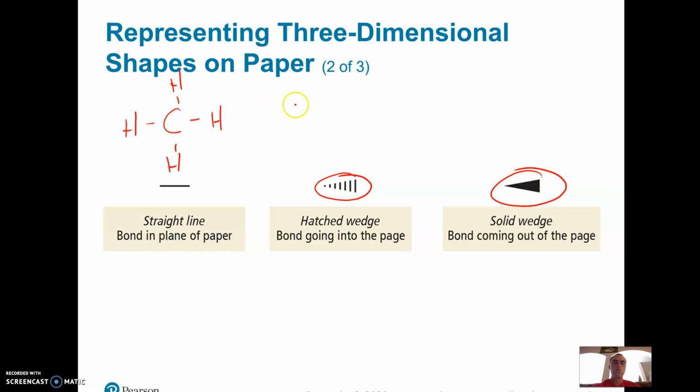So the three-dimensional structure of CH4 would have 2 bonds that exist in the same plane, and then 1 bond that comes out towards you, and then 1 bond that goes out away from the board.